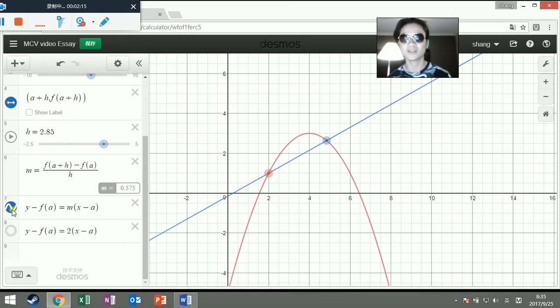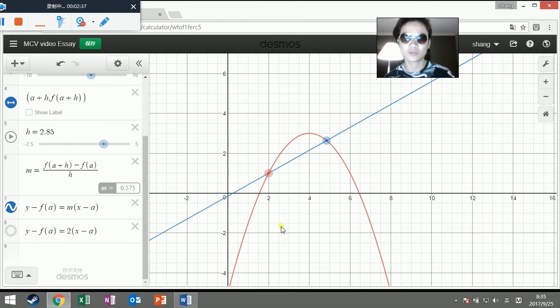The secant line is the line that connects these two points on the graph. So now I create a secant line, the blue one. The rate of change is the slope of this blue line.